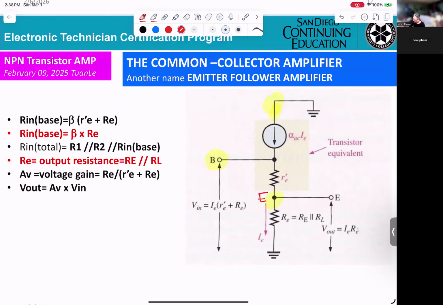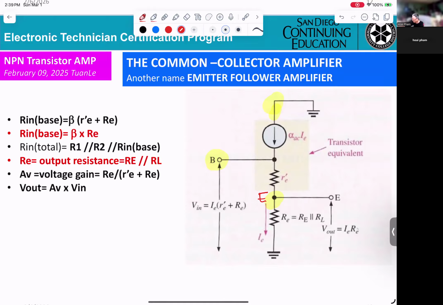R in base equals beta times RE. R in total is R1 parallel R2 and parallel R in base.